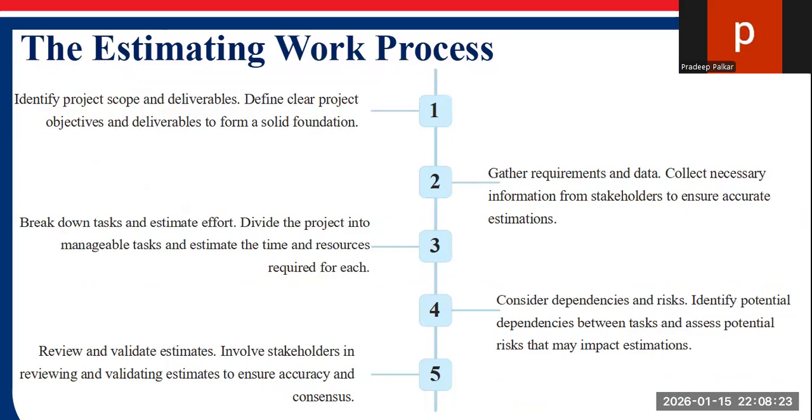See here the estimating work process. What are the steps? Step number one: identify the project scope and deliverables, and define clear project objectives, to form a solid foundation. Now, the second step is to gather the requirements and data.